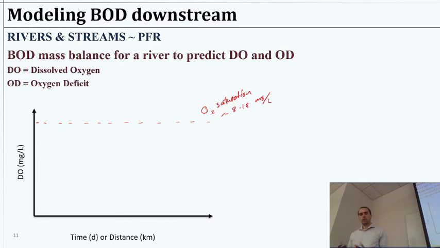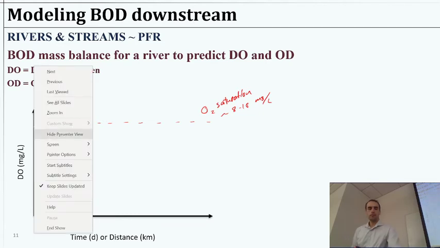Okay, so in a realistic system, we will actually start with a little bit of natural deficit. There's a little bit of biological activity, a little bit of organic matter coming in from soil and such, so there's going to be a bit of oxygen deficit to begin with. And then as we discharge waste into the system, at time zero or distance zero, the biological demand will begin.